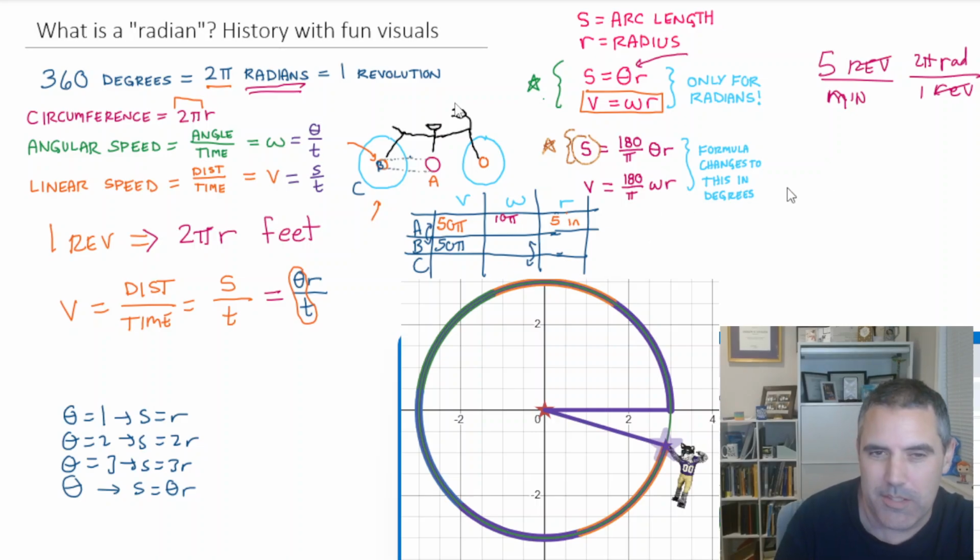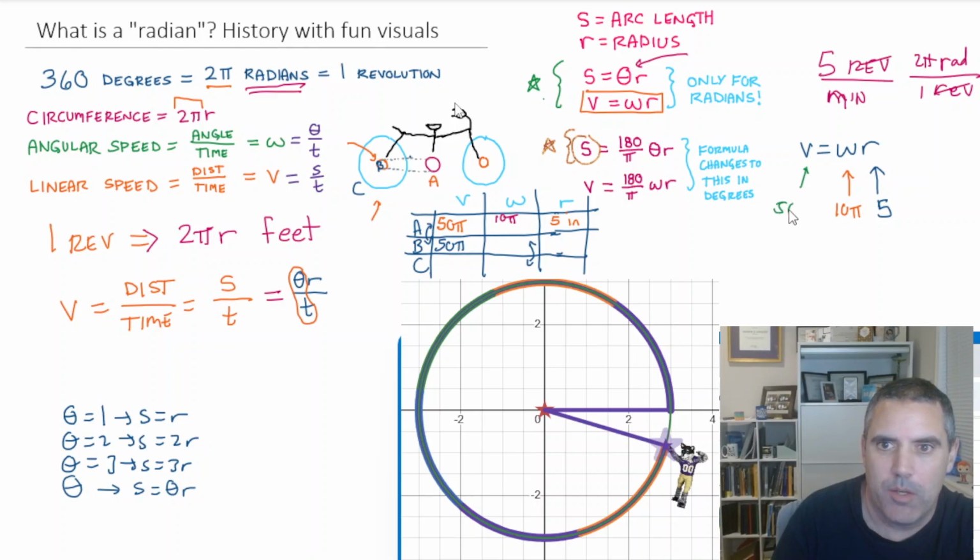But there was one thing I wanted to say here, which was the following. When you do this, and this is what I saw some student ask during one of my visits, if this is 5 and this is 10 pi, and I just computed and I said this is 50 pi, what happens if we throw units in there? And this is a very good question that I've seen many students ask.